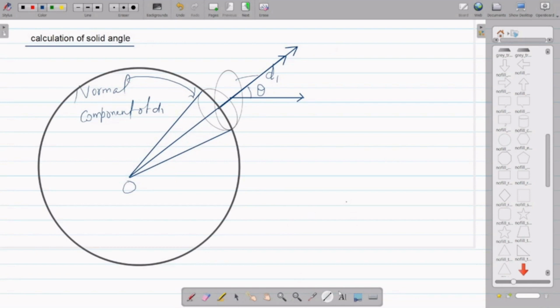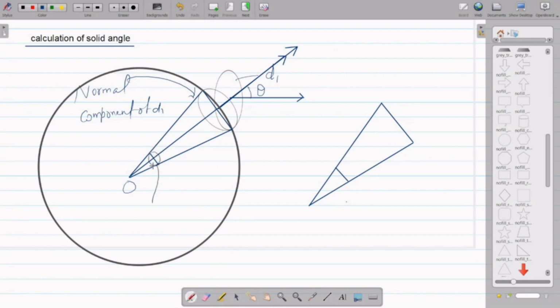Now, I need to draw this diagram separately, which I'm doing here. So this is basically what this line, and here you can suppose this is the small surface element, which is basically what?